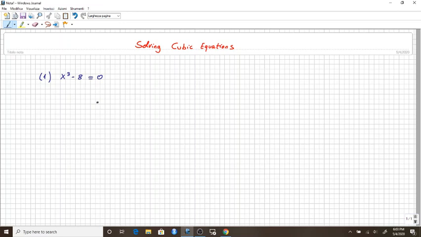Try to work this by yourself. And then I'll give you one a little bit more challenging, which is this one, 27x cubed plus 64 equal to 0.